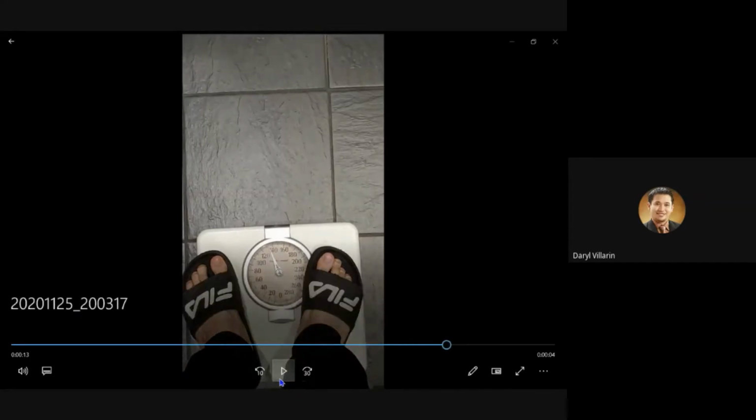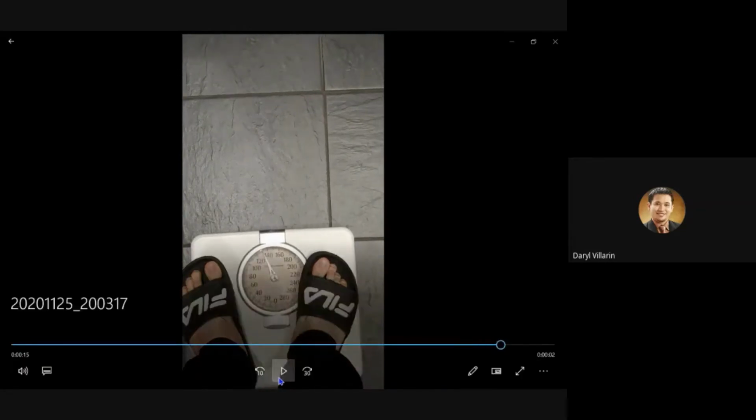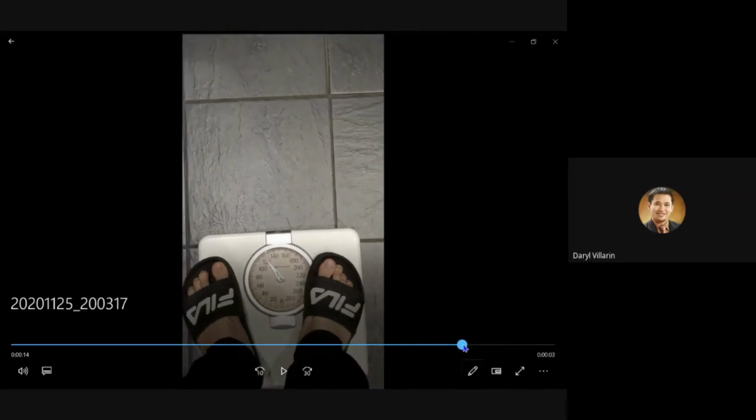Try to observe this section here. What do you observe? Can you see any difference in the reading? Anyone? So what happens?